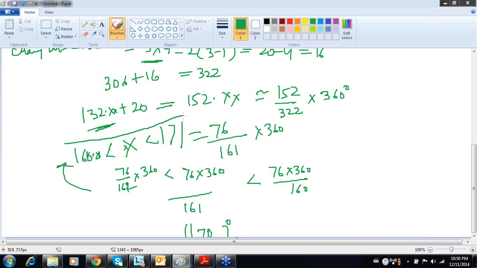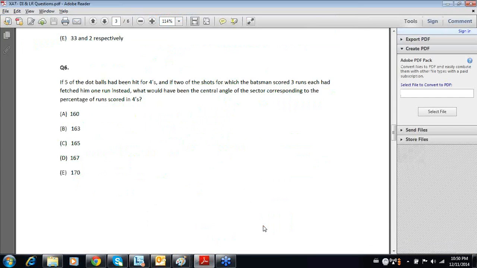So our value x is in between 168.8 and 171. Only one option is in between this, that is the option with 170. So we'll go ahead and mark option number E.